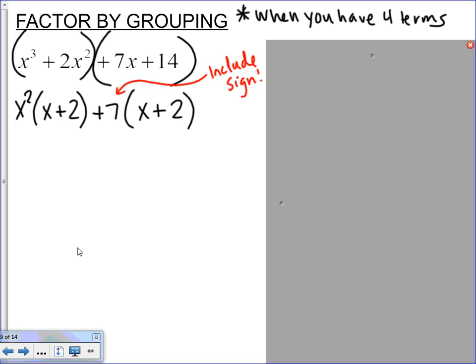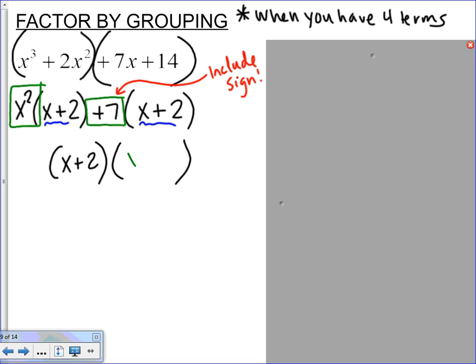Now, what do you notice about these 2 groups of parentheses? They're the same. So what I'm going to do is undistribute the x plus 2, which means I'm actually only going to write x plus 2 one time on the next line. And my other factor is made up of the coefficients that I factored out as GCFs. So my next factor is x squared plus 7.